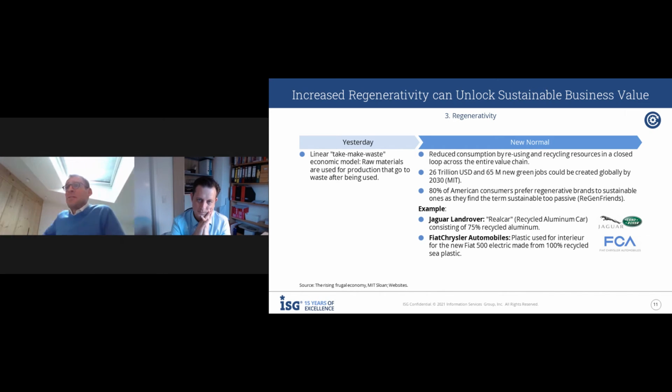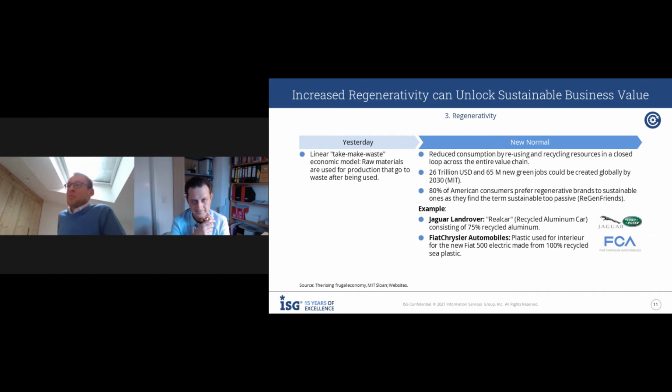Two examples which I really like from the automotive industry: Jaguar Land Rover, their so-called Reimagine car. It's a recycled aluminum car consisting of 75% recycled aluminum, which is quite a high percentage from my perspective. And Fiat Chrysler with the new Fiat Cinquecento: the plastic they use for the interior is not only recycled, but they have the gimmick.